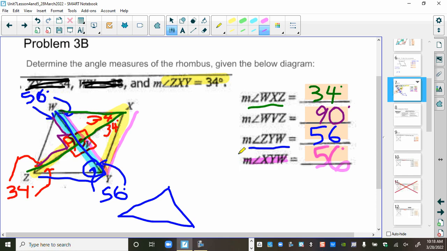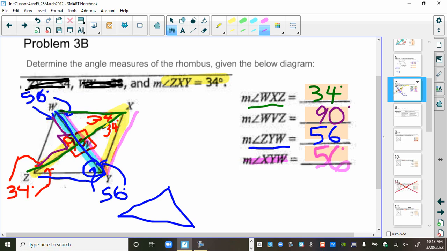So basically with the rhombus, sides are congruent, diagonals bisect, they act like mirrors. And then when the diagonals do bisect each other, they form right angles. So those are the 3 most important things you need to know with a rhombus. The diagonals bisect each other at a 90-degree angle.